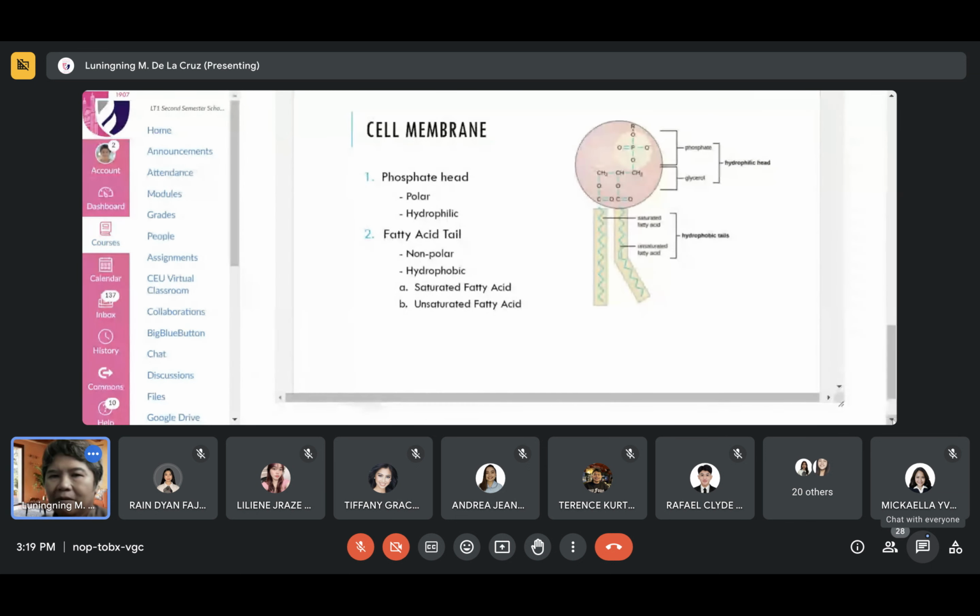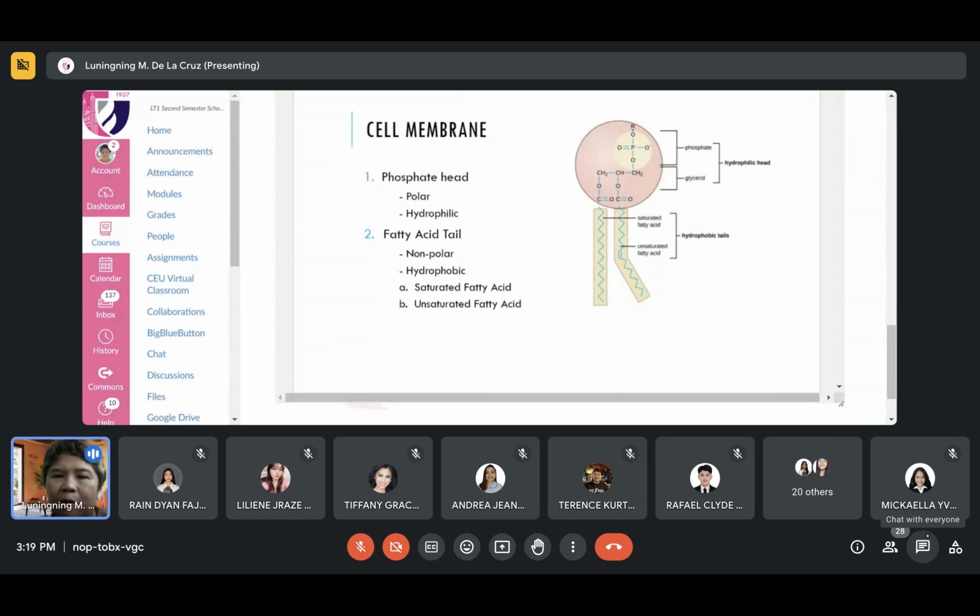Now, as I mentioned, we need to look into the structure of the cell membrane. Our cell membrane has a phosphate head. This one is the phosphate head. And this phosphate head is polar.